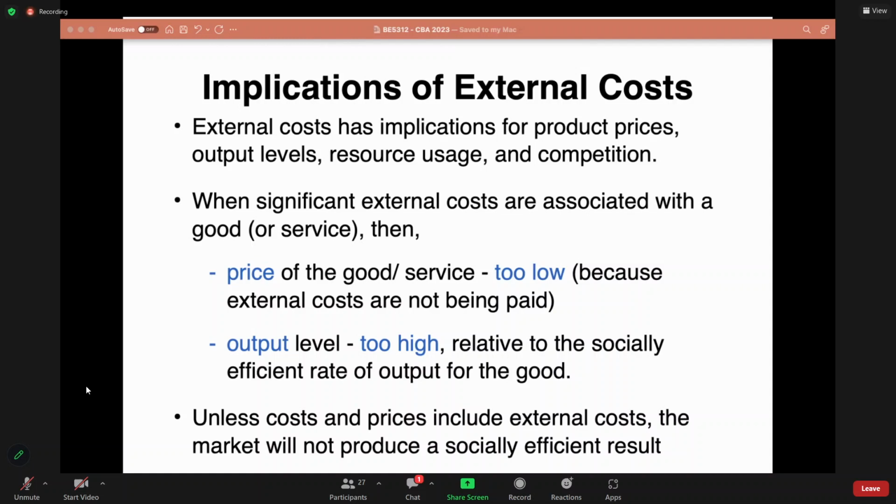So if there are lots of significant external costs associated with this activity, say I'm using very harmful dyes, which I just let out to the environment, so I'm contaminating the waterways, so there's pollution going out to the environment.